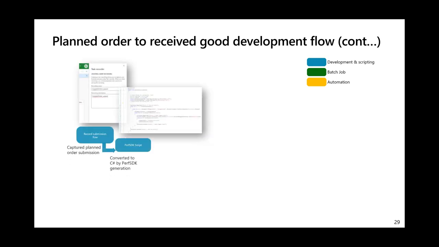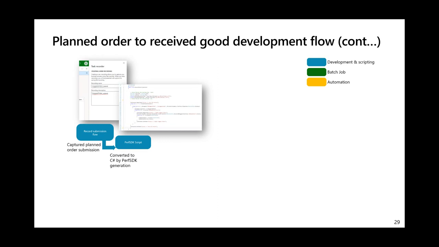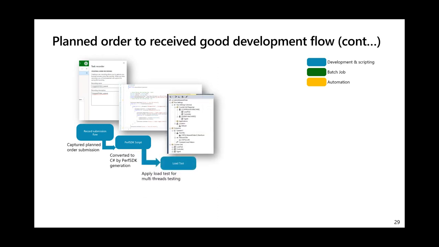And when the recording of the submission flow in Dynamics 365 Finance and Operations is complete, I have created a C# testing script by Perf SDK in my dev box. Similarly to sending out the pending order, I have created another load test to simulate multiple user submissions.